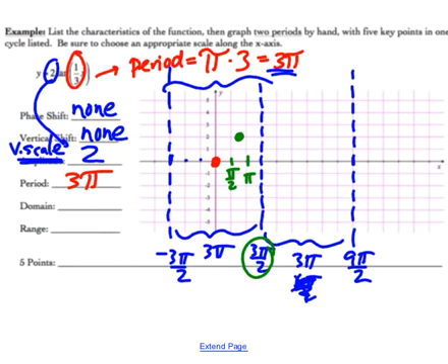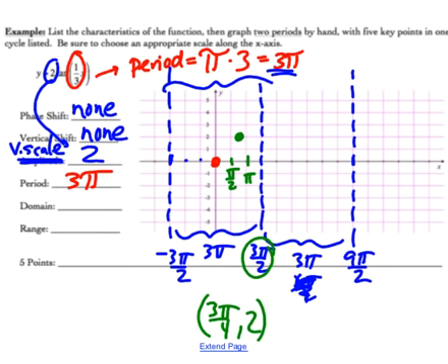This one is at 3 pi over 2. So we've got a little bit of work to do with our fractions here. Halfway between pi over 2 and pi is going to be 3/4 pi. 1/2 pi to 1 pi is 3/4 pi. So I'm going to get that point written down before we forget about it. So that's 3/4 pi. That's going to have a y coordinate of 2.